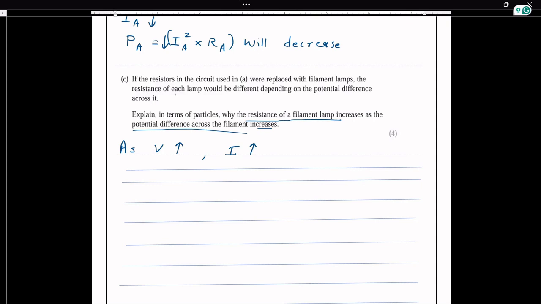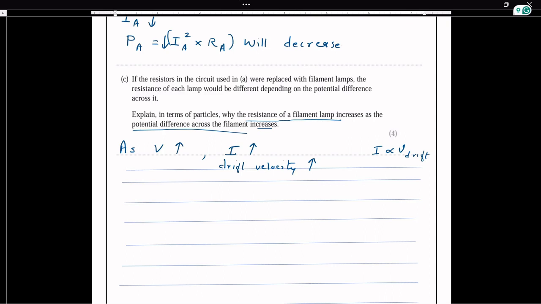When the current increases, the drift velocity increases, because I is proportional to the drift velocity.